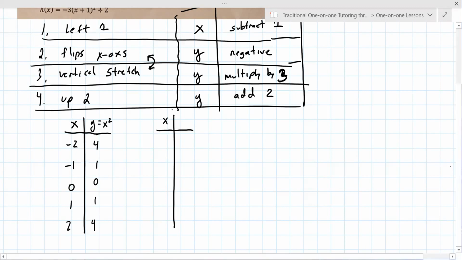Okay. So the first one is left 1. So that's y equals (x plus 1) squared. So we just wrote up here, subtract 1. So all of these x values you're going to subtract 1 from. And you also wrote left 1, so that's also an indicator of what's happening here. So all of these x values, I just moved left 1 by subtracting 1.